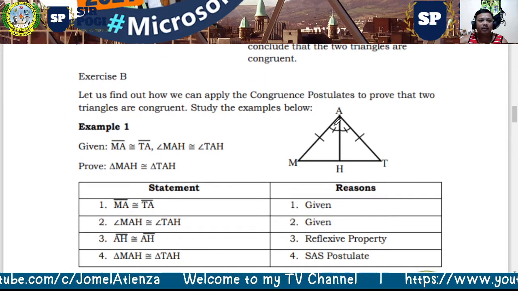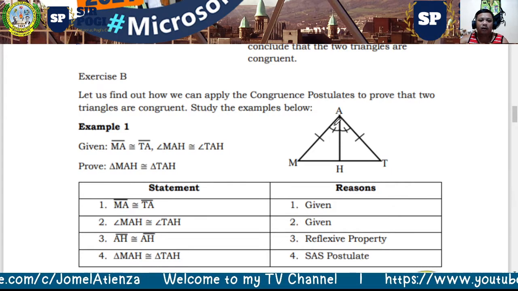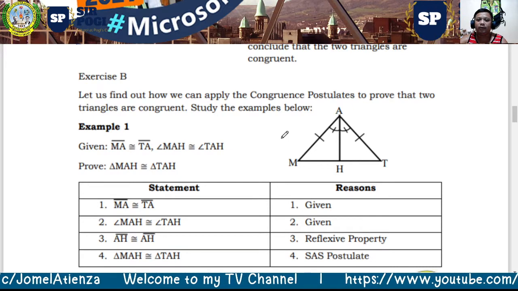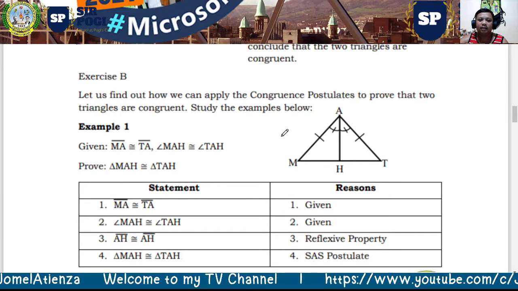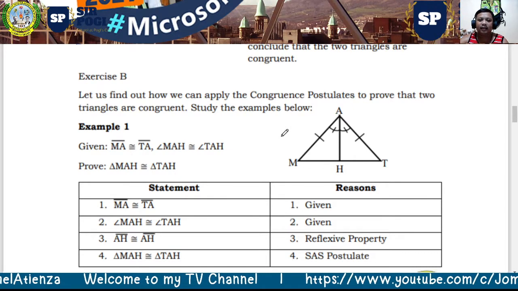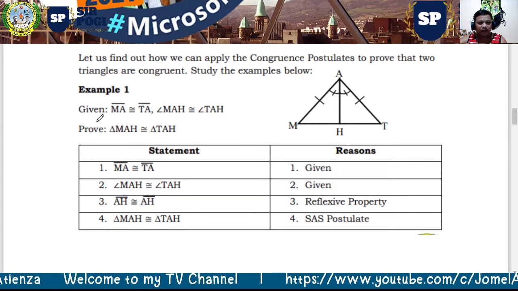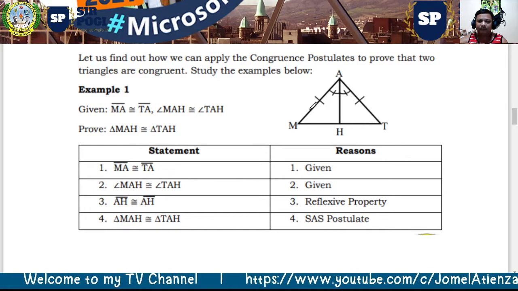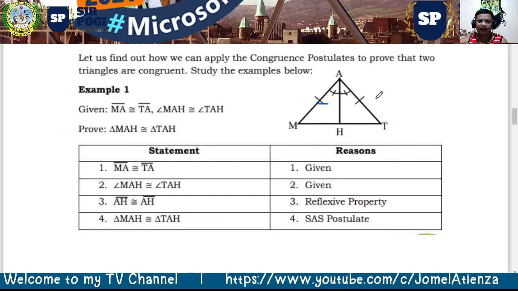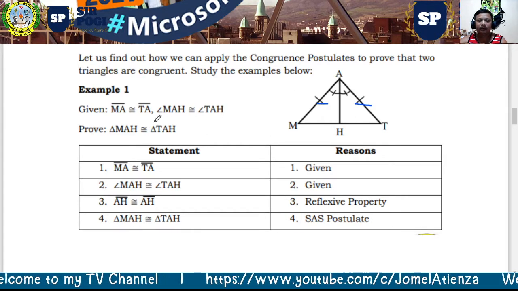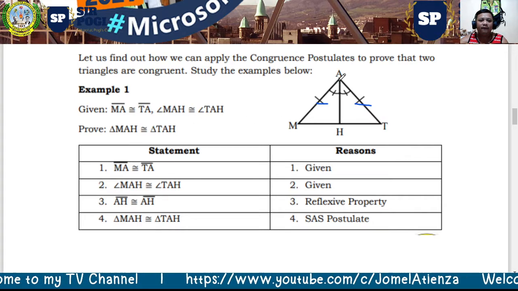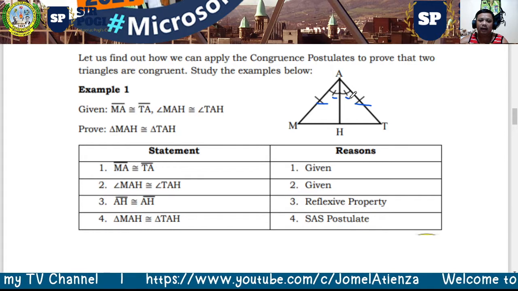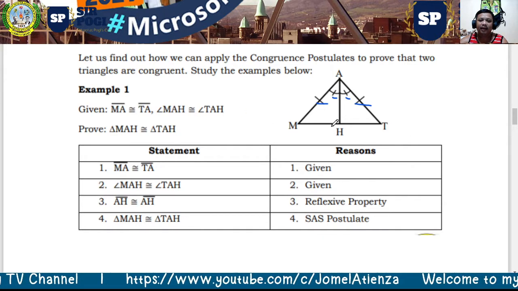Another one. So, let us find out how we can apply the congruence postulates to prove that two triangles are congruent. So, study the examples below. So, given the segment MA, ito yung MA, then TA, and then angle MAH, so ito yung ating angle na equal, and angle TAH.